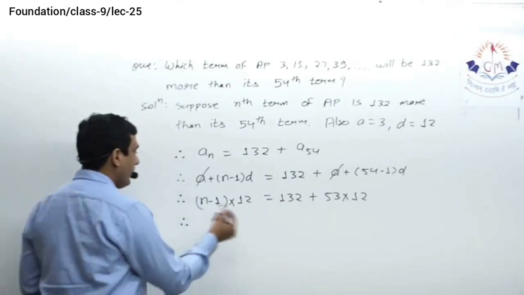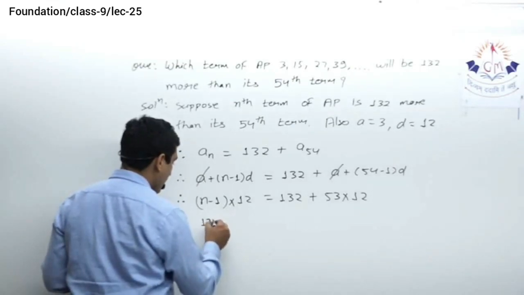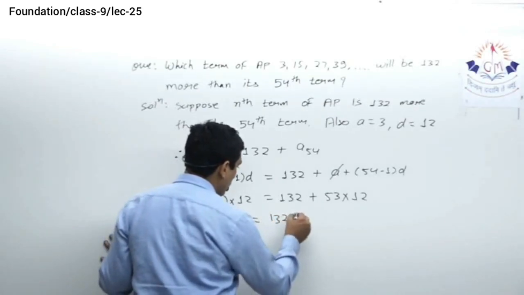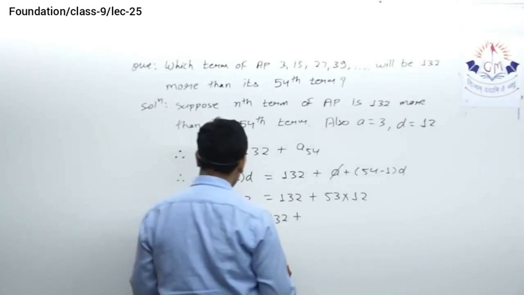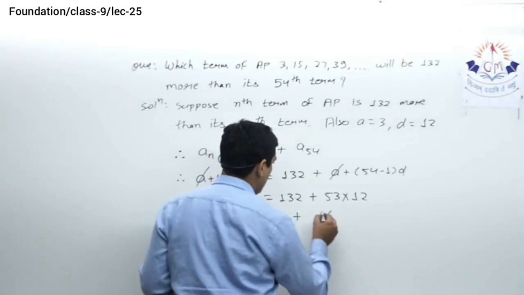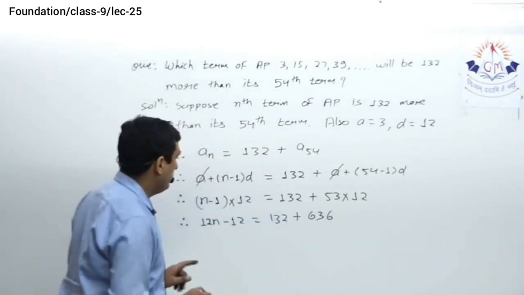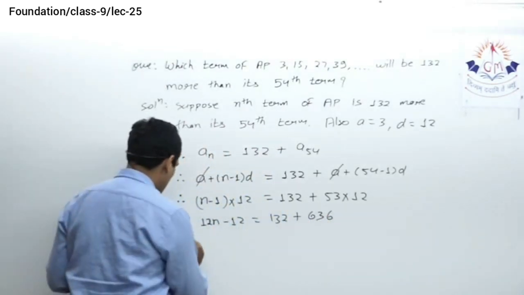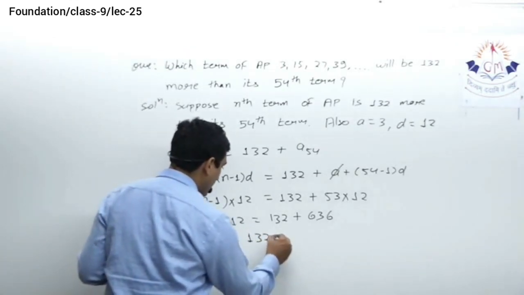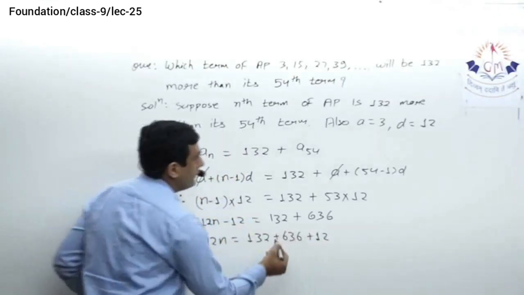So I am solving it in a general way. 12n minus 12 is equal to 132 plus 636. So 12n is equal to 132 plus 636 plus 12. I took this 12 on that side.